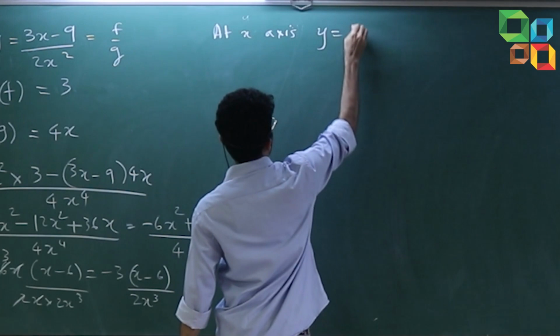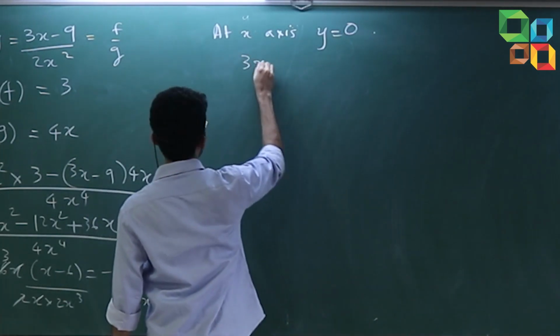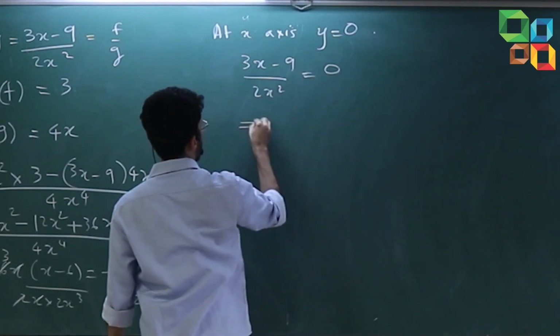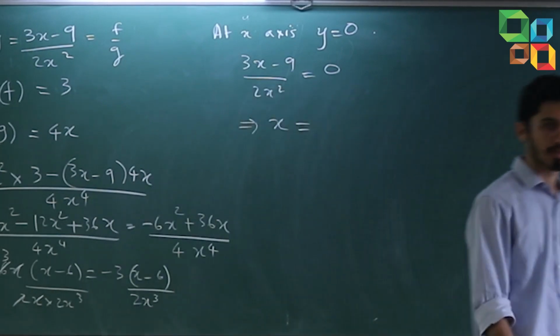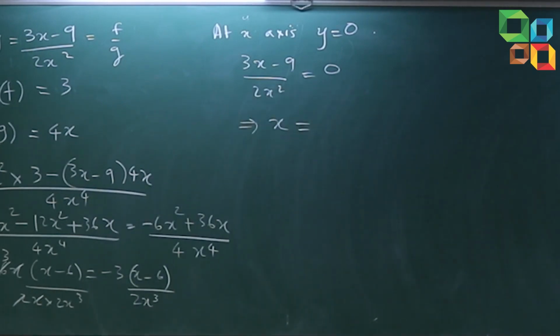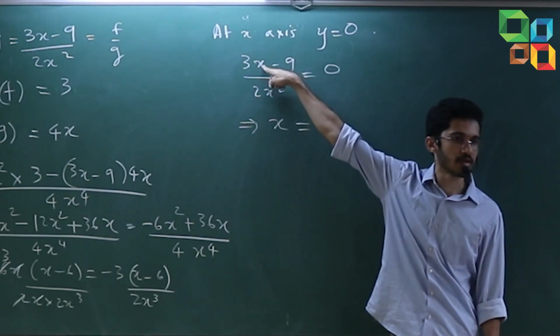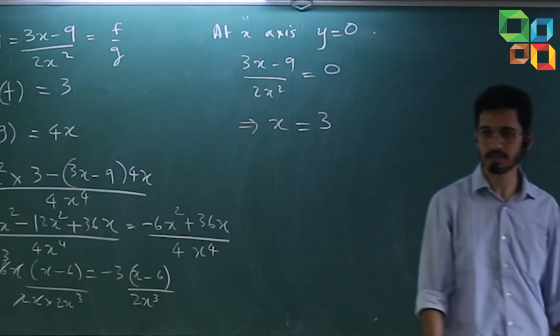You can substitute and find the value of x, that is, (3x minus 9) by 2x square is equal to 0. For what value of x does this happen? This happens when x is equal to 3, because numerator should be 0. 3x minus 9 is 0, tells you x is 3.